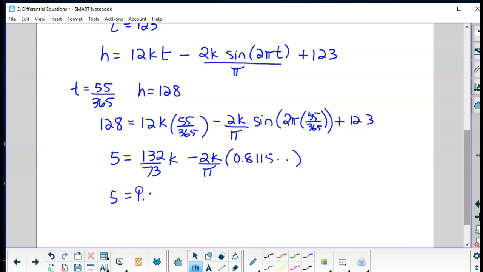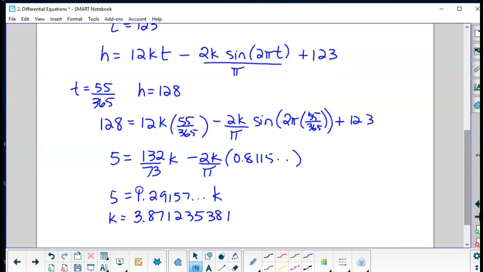So you get 1.29157 k, all right, and then k will be 5 divided by that, so that's 3.8712. Show as many decimal places for right now.